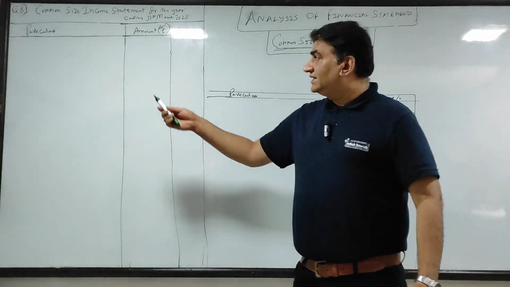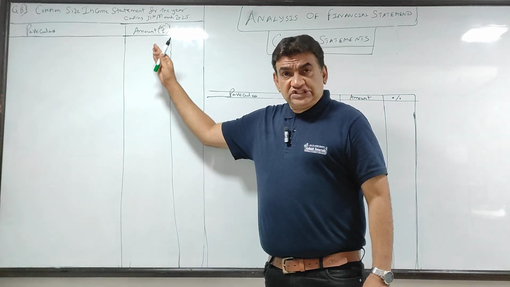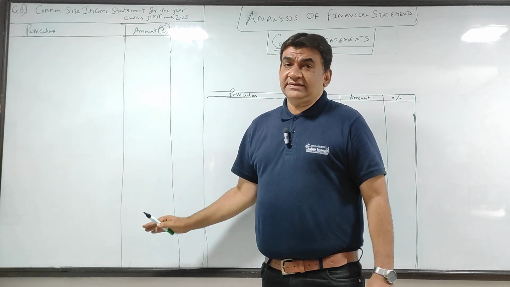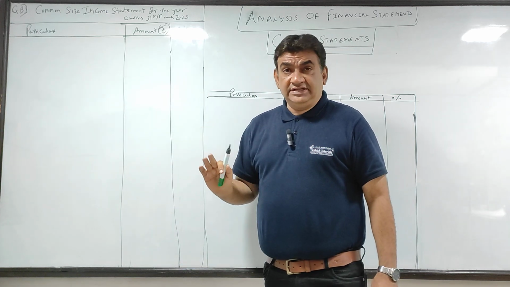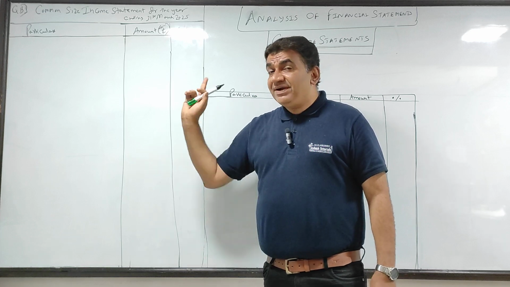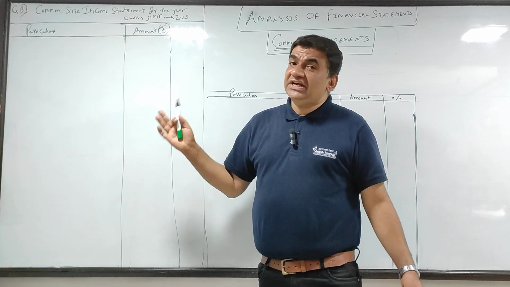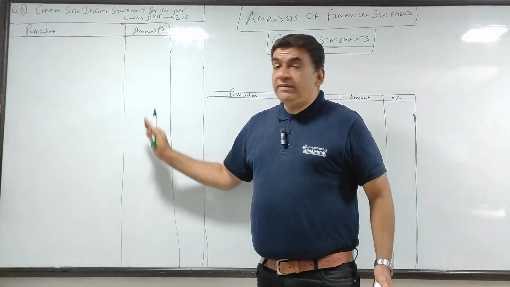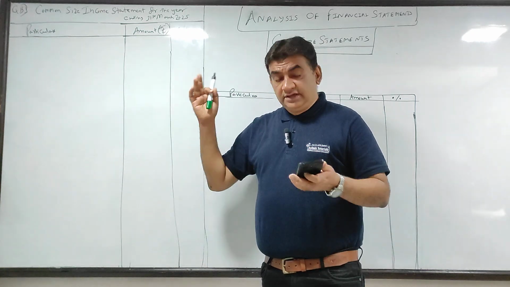As I told you, the same format. First you have to convert the entire income statement into common size and then get the percentage. The calculation is the same, but in the balance sheet the base was the balance sheet total, here the base will be something else. But before that, first let's convert the income statement.